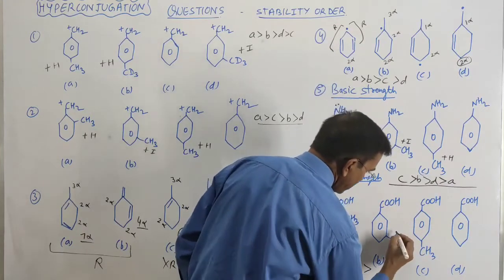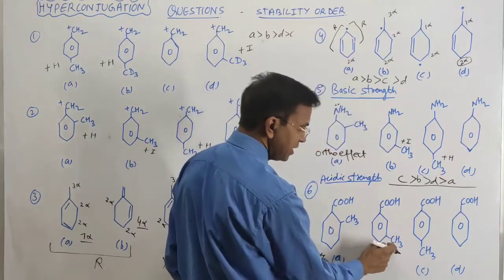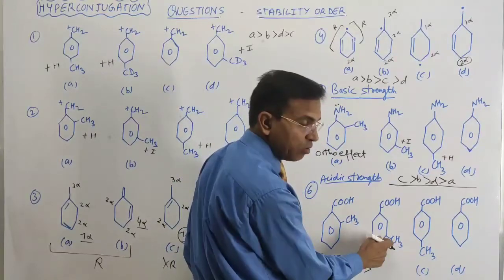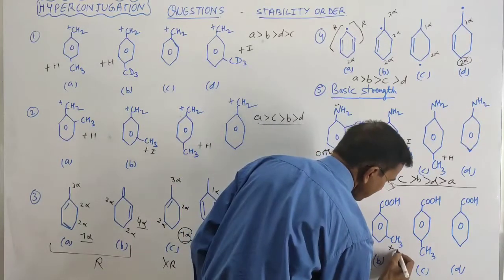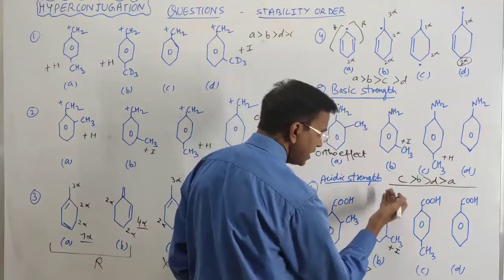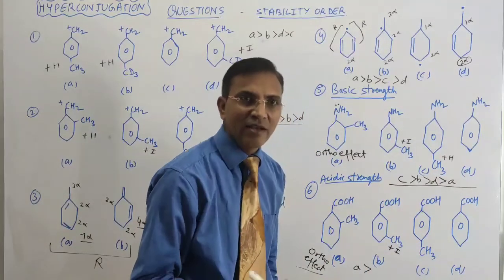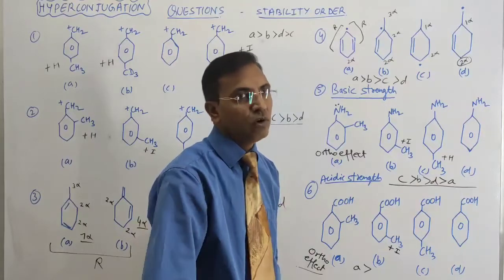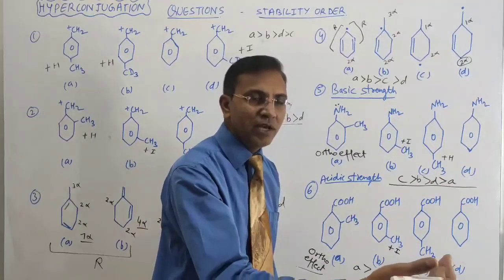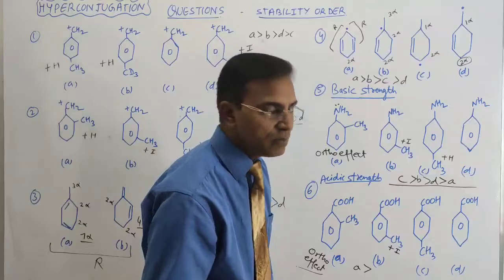This shows the meta position, CH3 at meta position, no H effect, only plus I effect. It shows the plus I effect, increases the electron density at carboxylate ion and make carboxylate ion less stable, because more negative charge will be in the carboxylate ion, it will become the less stable.